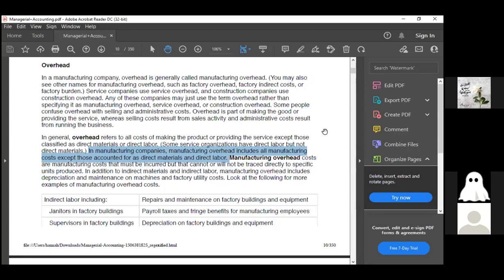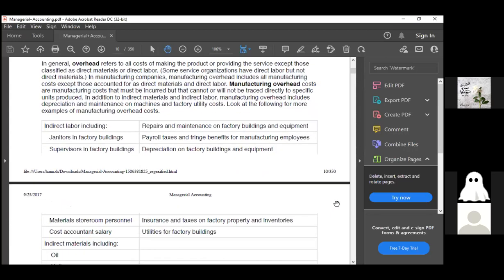Okay, so the language here is a bit tricky. So what they are saying is every other expense other than the direct labor engaged in producing your product or the direct material used in producing your product is still a manufacturing expense, but that will be put into manufacturing overheads. So they've given examples here that are manufacturing overheads and not direct labor or direct material.